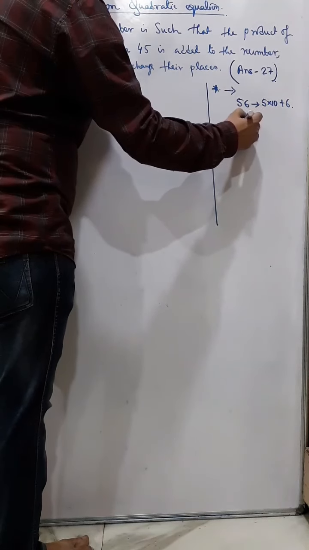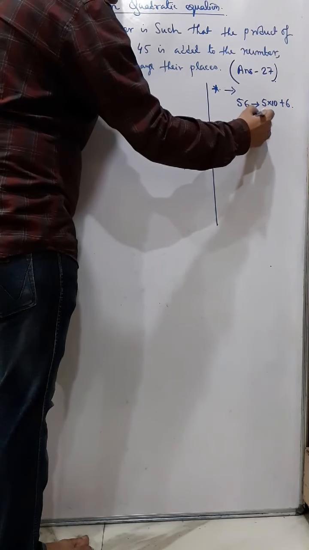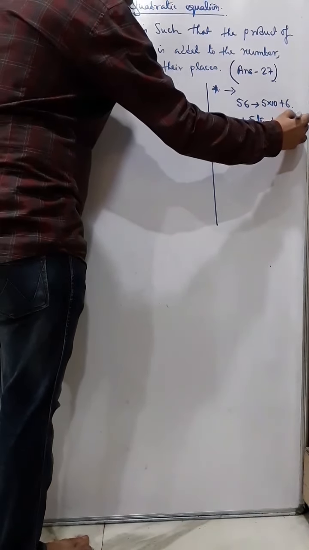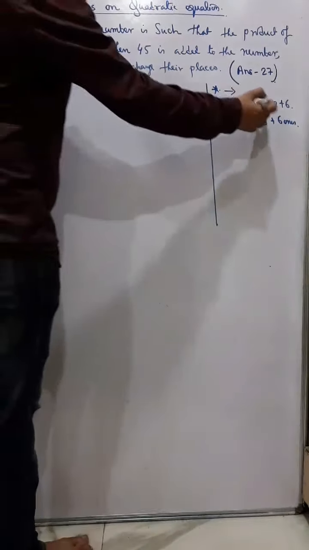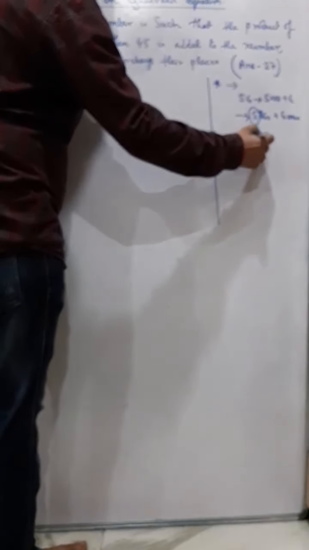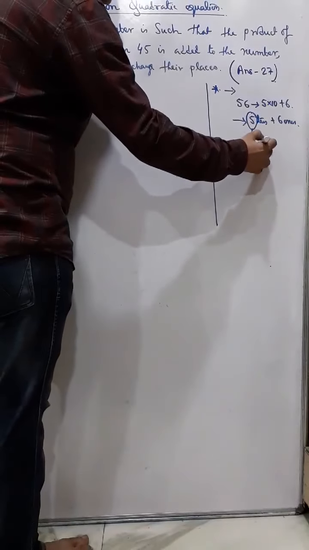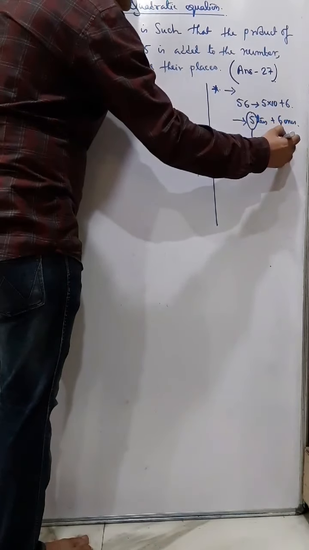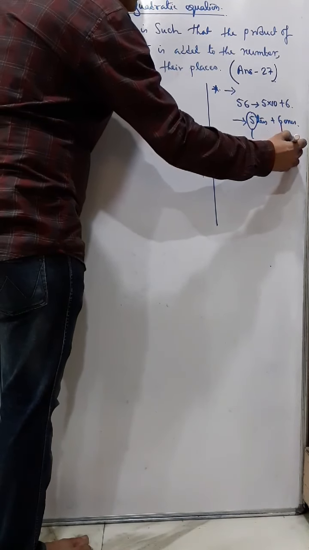That means, mathematically, we say it is 5 tens plus 6 ones, because 5 tens means 5 into 10 plus 6. So this 5 is called the tens digit, and this 6 is called the unit digit.